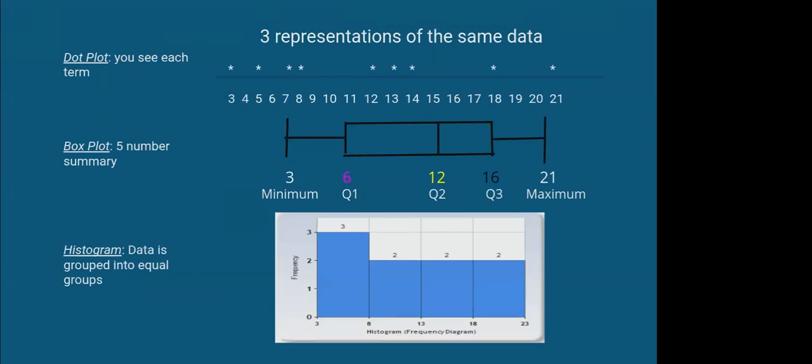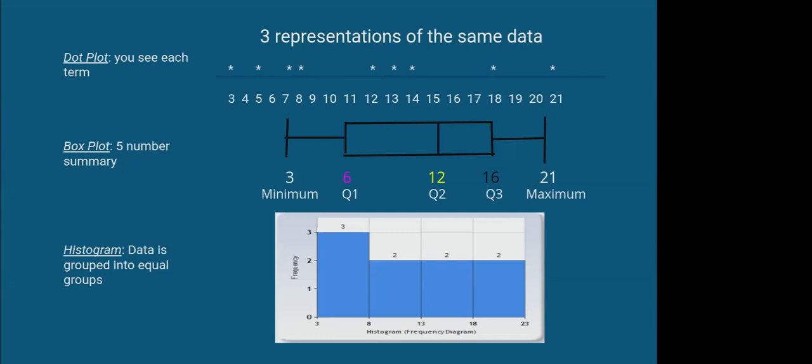And again, the strength of the dot plot is that you see each term of the data set. Now, this dot plot is not exciting because there are no repetitions. Everything in our data set was represented just one time. So that's what that data set would look like.